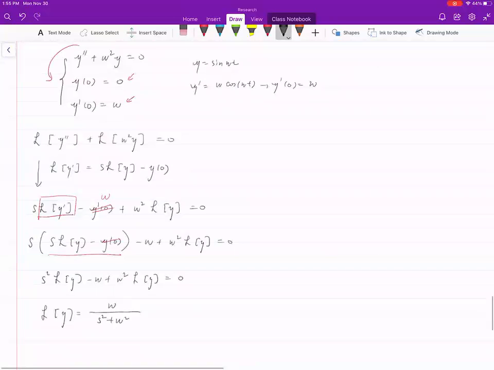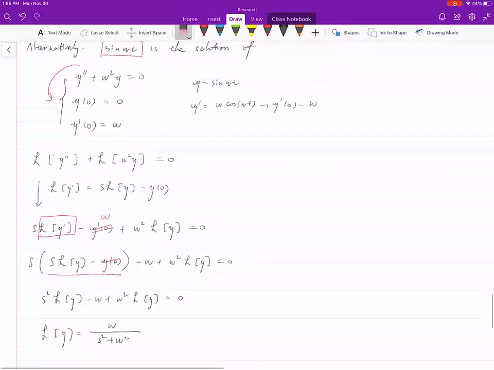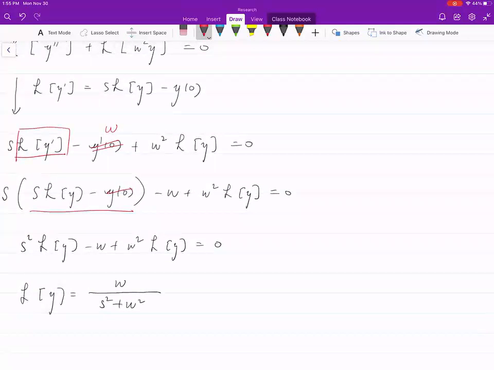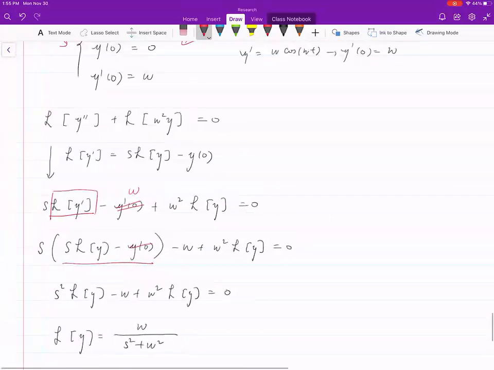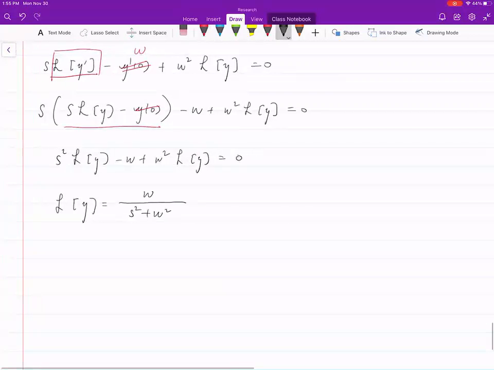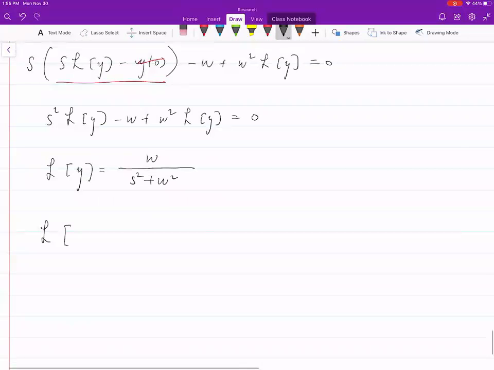All right. If y satisfies this initial value problem, then Ly equals this, according to the property of Laplace transform. Second, sine omega t is the only function that satisfies this initial value problem. Therefore, this y has to be sine omega t. Then this is the Laplace transform of sine omega t.